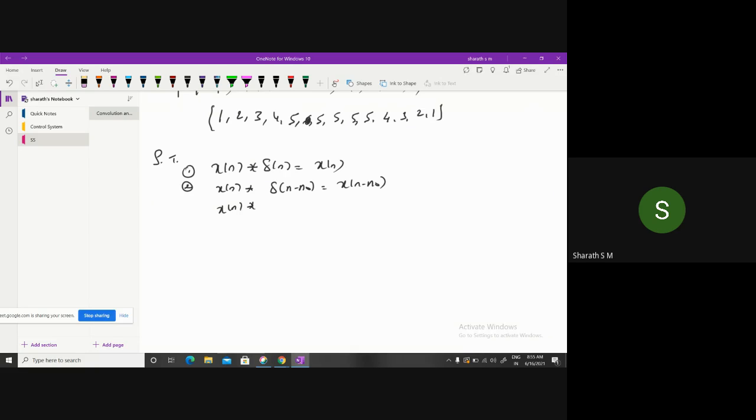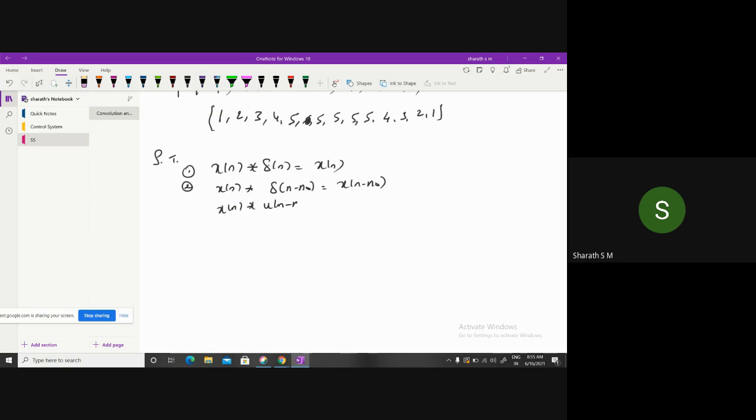And x of n convolve with u of n minus n naught is equal to the summation k from minus infinity to n minus n naught of x of k. So we need to prove these three properties.